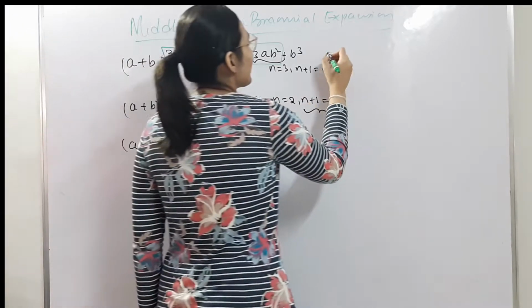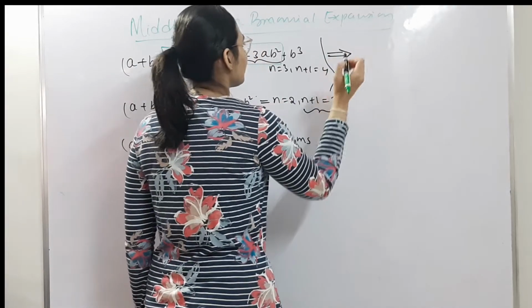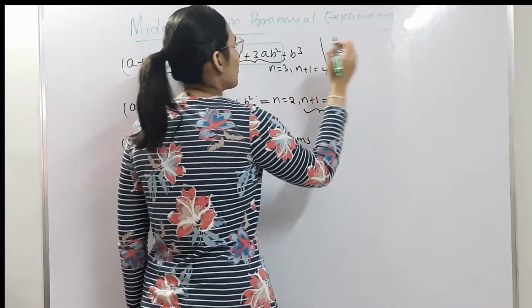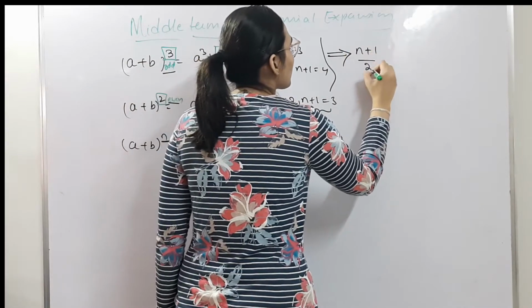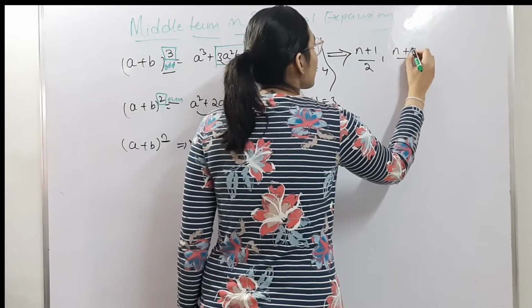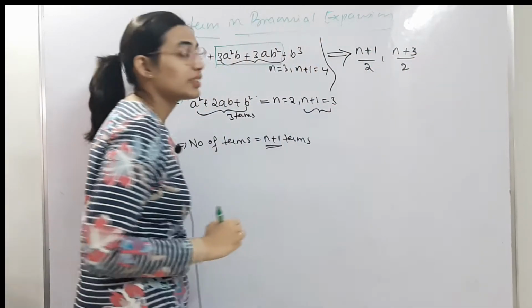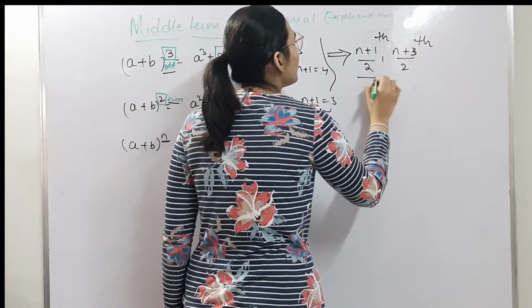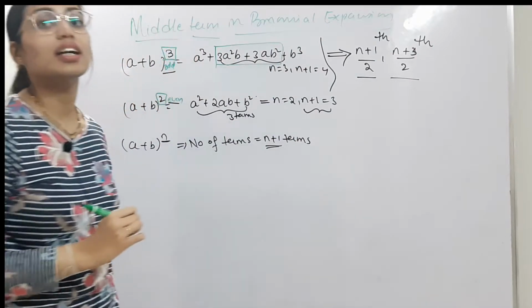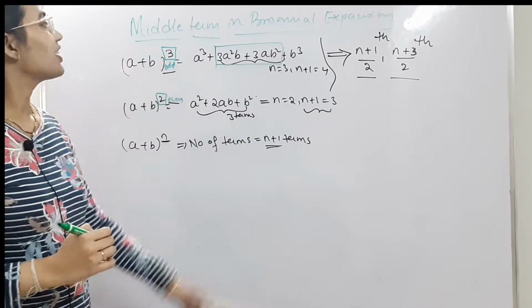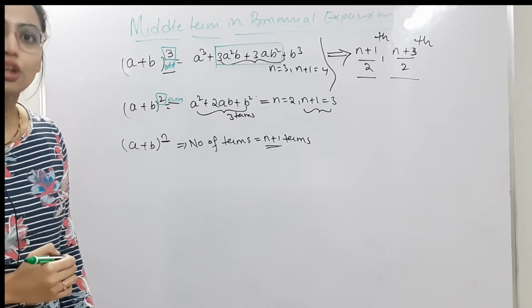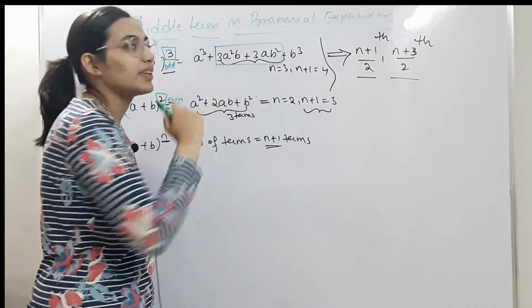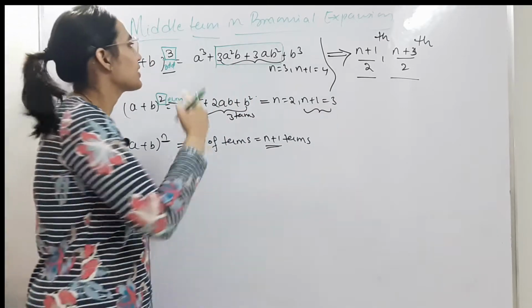This is nothing but the (n + 1)/2 term and the (n + 3)/2 term. That is, the (n + 1)/2 term and (n + 3)/2 term in the binomial expansion of (a + b)^3 are the middle terms. You can see for yourself.